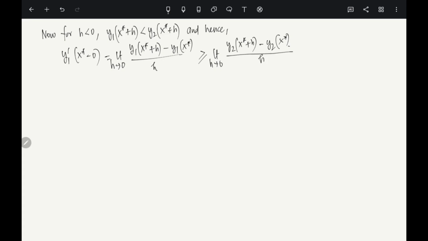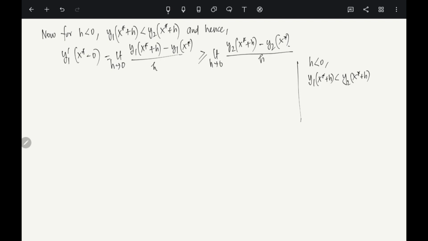Okay, so why this greater than or equal to sign, let's just understand that. At x star, y1 and y2 are basically the same, so nothing happens here. For h negative, y1 of x star plus h is dominated by y2 of x star plus h, right?